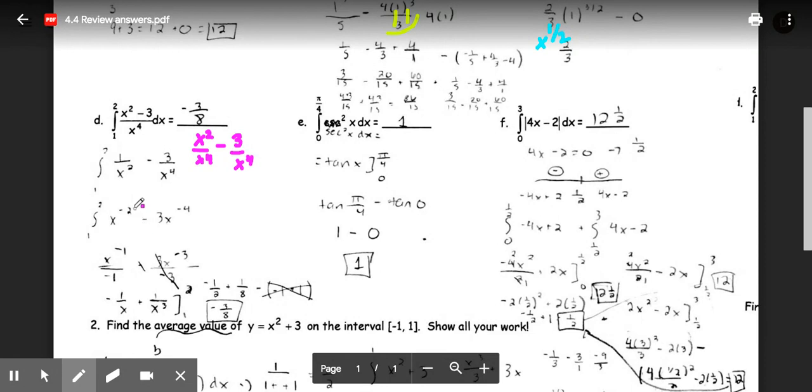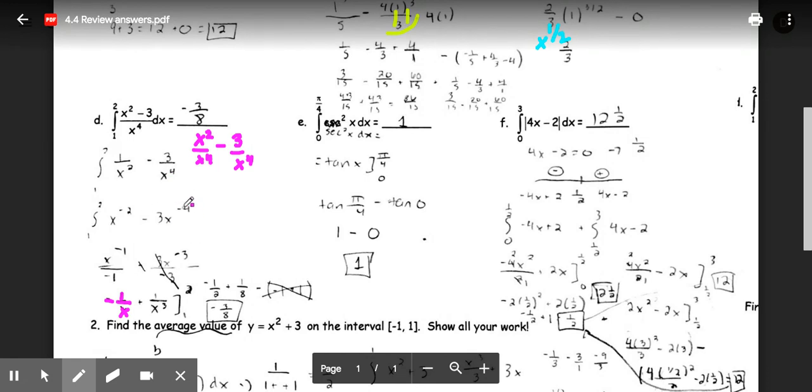And then when you add 1 to the power and divide by the new power, you get x to the negative first divided by negative 1, which ends up being negative because you pull this negative on the bottom out, 1 over x, because this x to the negative 1 moves this x down. Are you guys okay with that? And then this here, you bring it up, 3x to the negative 4.